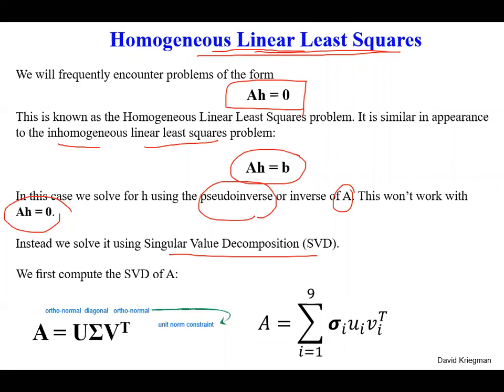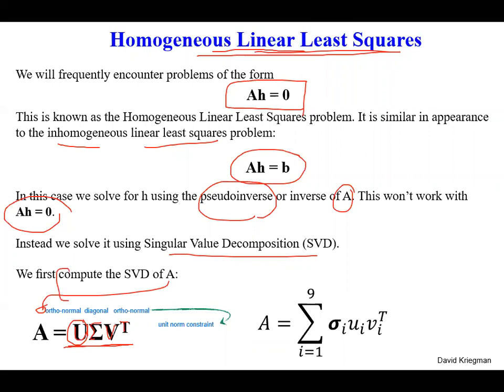So what is singular value decomposition? It means that A can be decomposed into 3 matrices. These 3 are called U, sigma, V transpose. What is U?